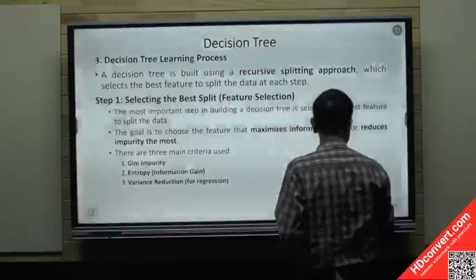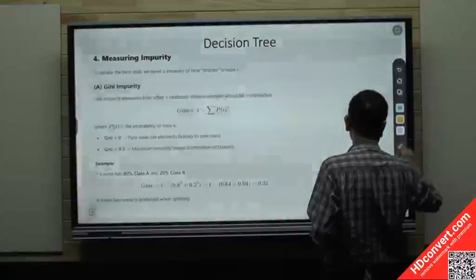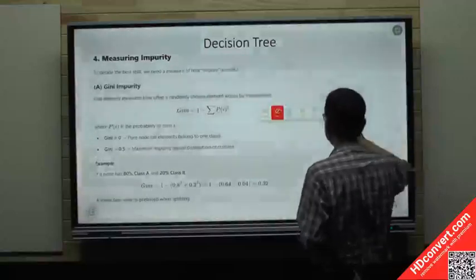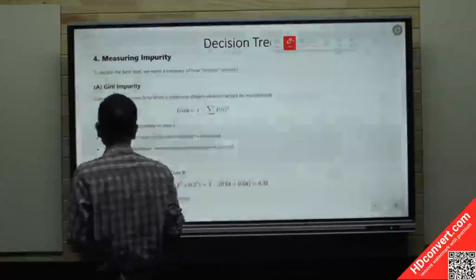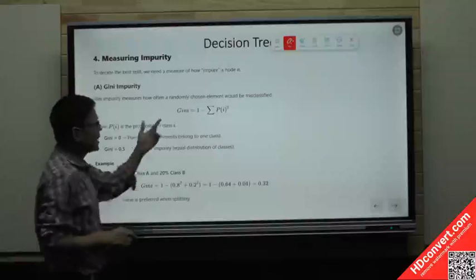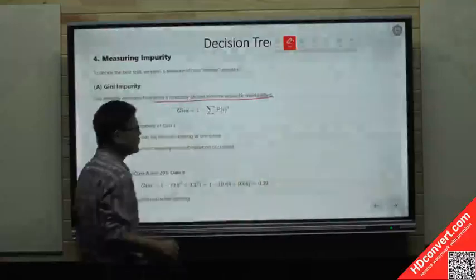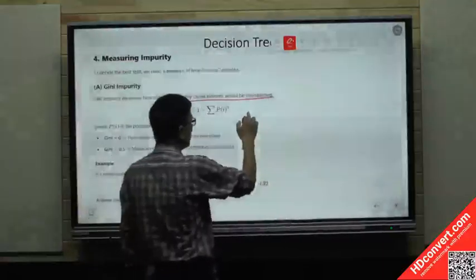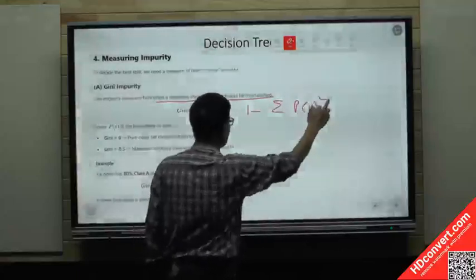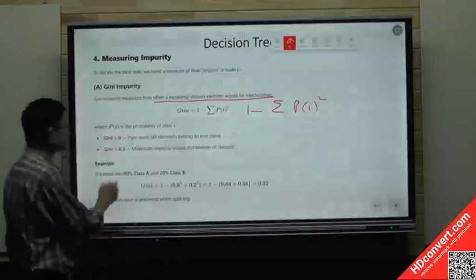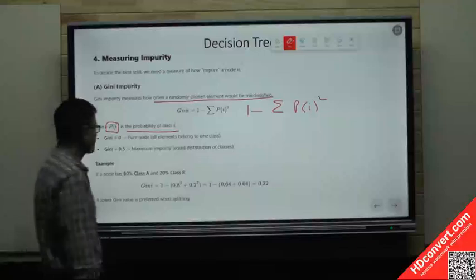So measuring impurity. The first one, as we talked about in the previous slide, is known as Gini impurity. Gini impurity measures how often a randomly chosen element would be misclassified. The formula is 1 minus the summation of P of i squared, where P of i is the probability of class i.